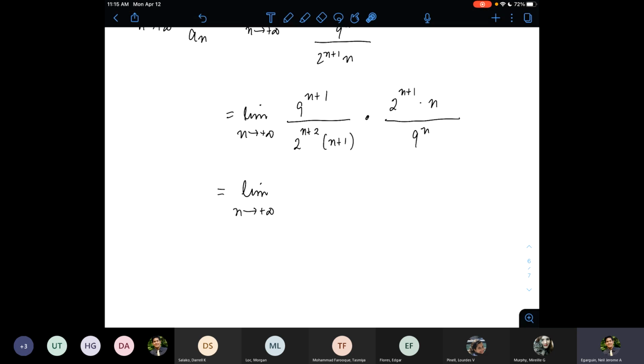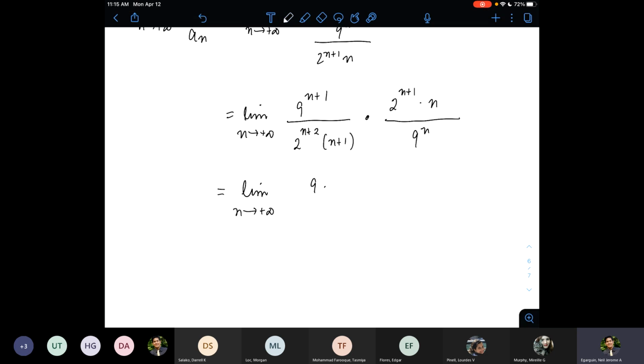And now, this is the reason why it's extremely handy if you're working with exponents, because when you form the quotient a sub n plus 1 all over a sub n, we are expecting that some of the factors will cancel each other out. Like this one, you have 9 to the n plus 1, and here I have 9 to the n. So this will be canceled by some of the factors here, and we'll just be left with the 9 in the numerator. All right.